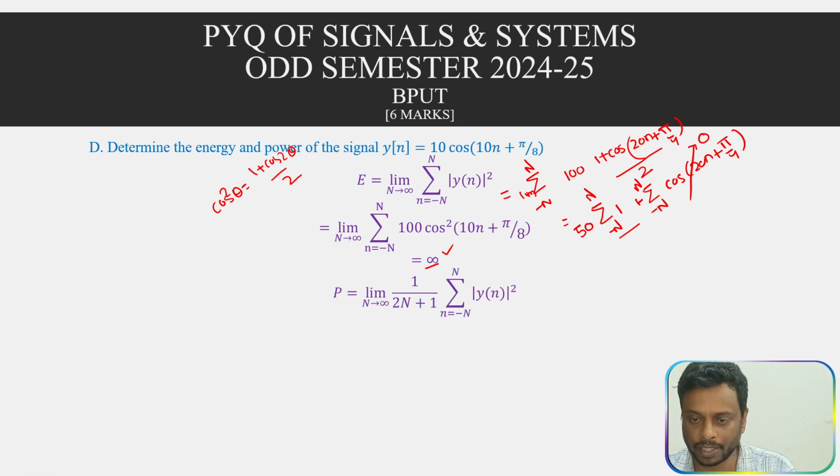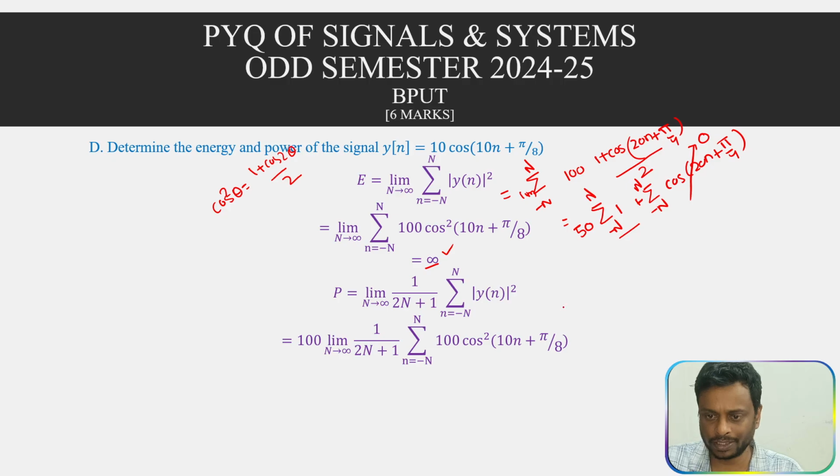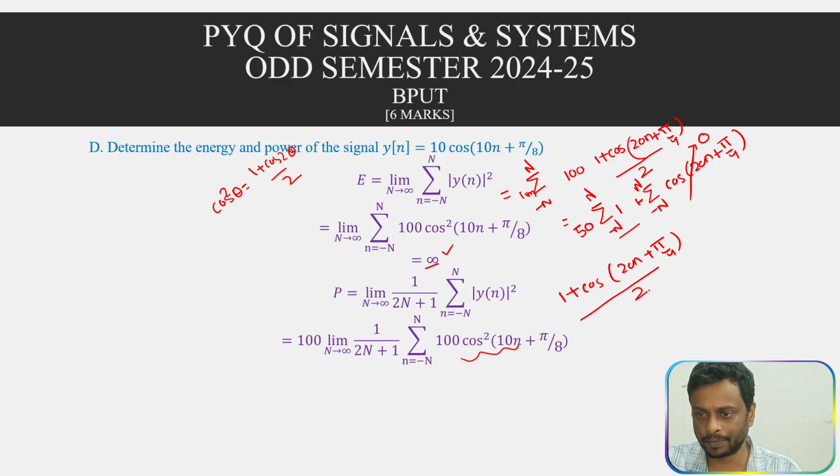Similarly, what is the power? This is the formula for finding the power. You can see the same, that will be 1 plus cos of 20n plus pi by 4, divided by 2. You can put it over here. 100 is there, so you can take 100 outside.